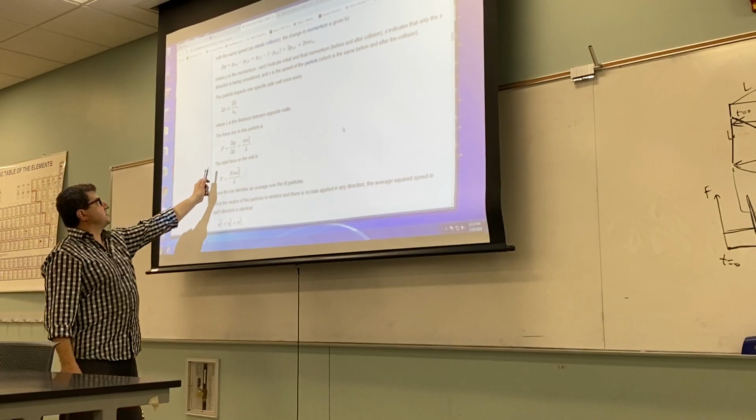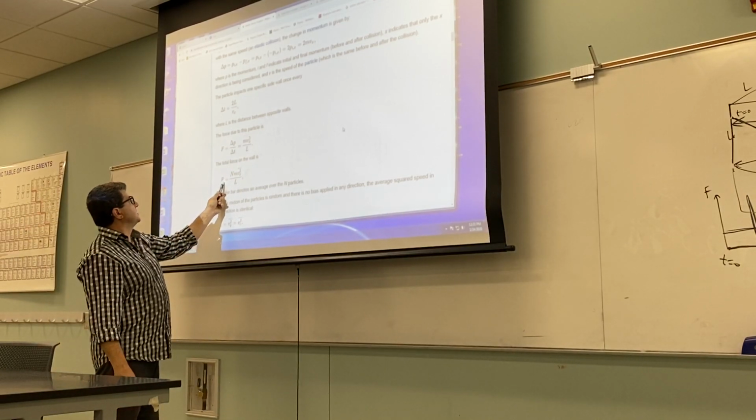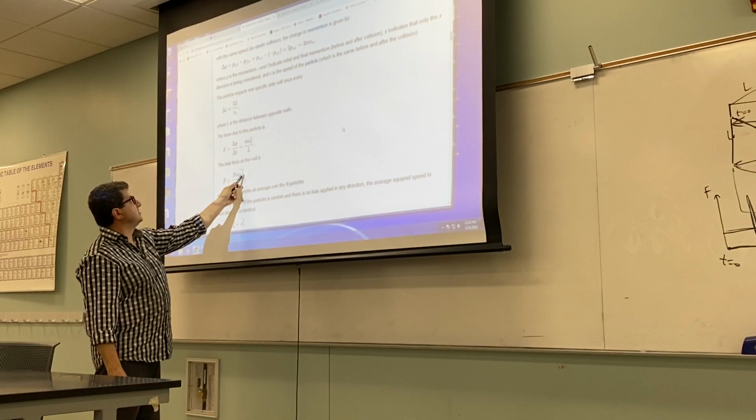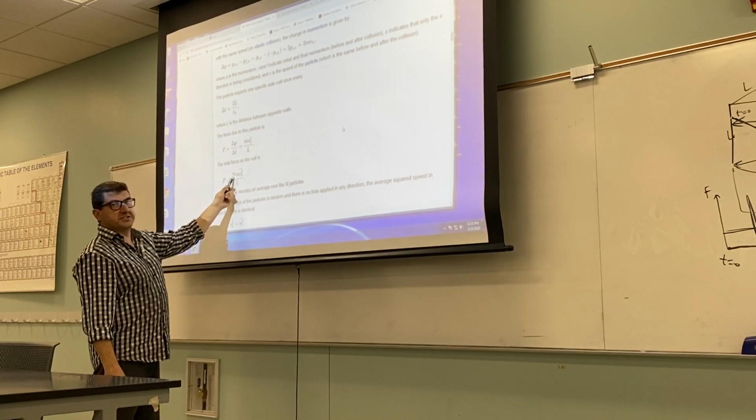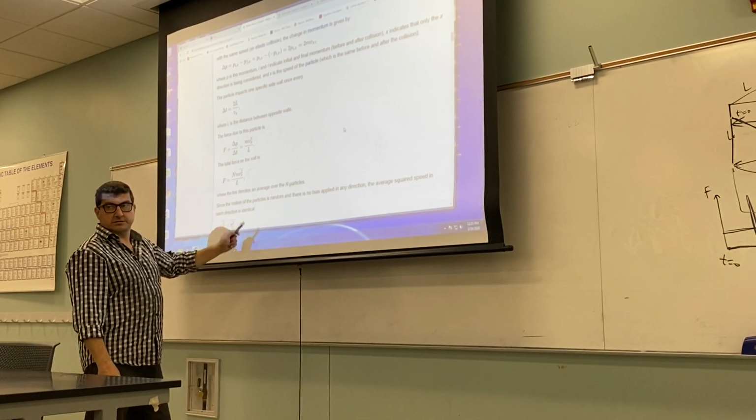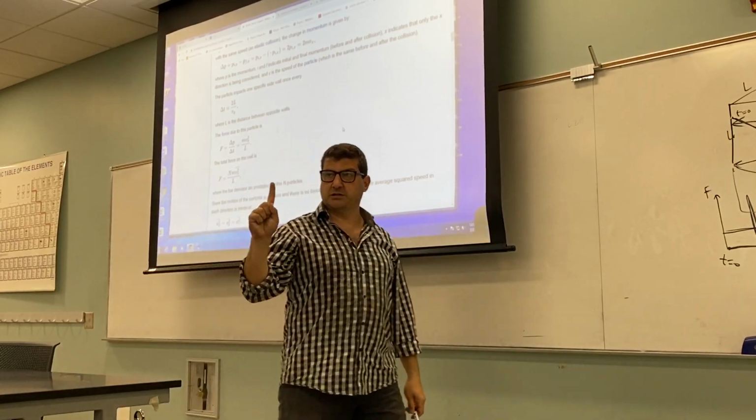Then they're going to say the total force on the wall is n m vx squared average over L, where n is the number of particles. See, so that's just on one particle.